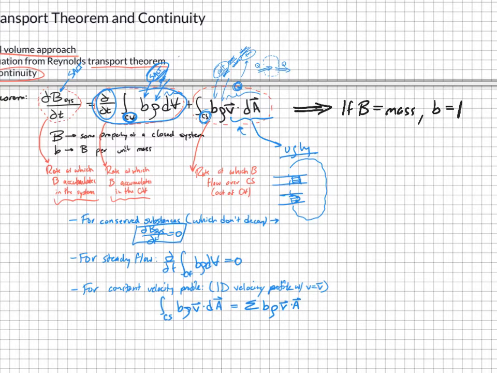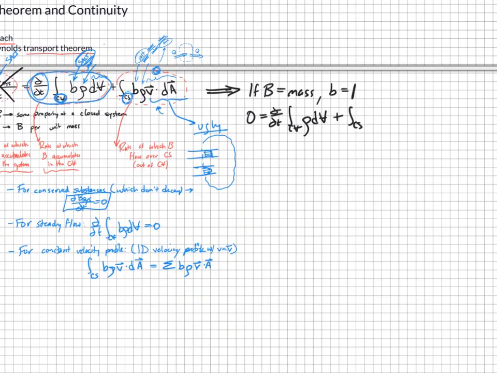The other thing is that mass is conserved, so the first term goes away. I'm left with 0 equals d by dt, integral over the control volume of rho dV, plus over the control surface, rho V dot dA.